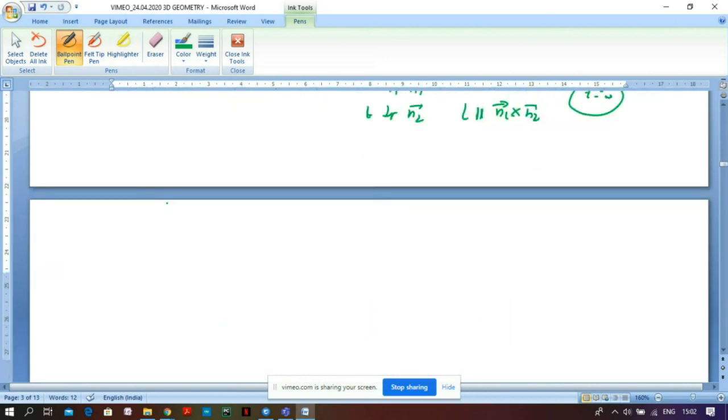So this first form is also called parametric form, that is (x minus x1) over a, (y minus y1) over b, and (z minus z1) over c, call it t, where t is the parameter. You can relate it with the equation of a line in 2D, where we had something called distance form: (x minus x1) upon cos theta equals (y minus y1) upon sine theta equals r.